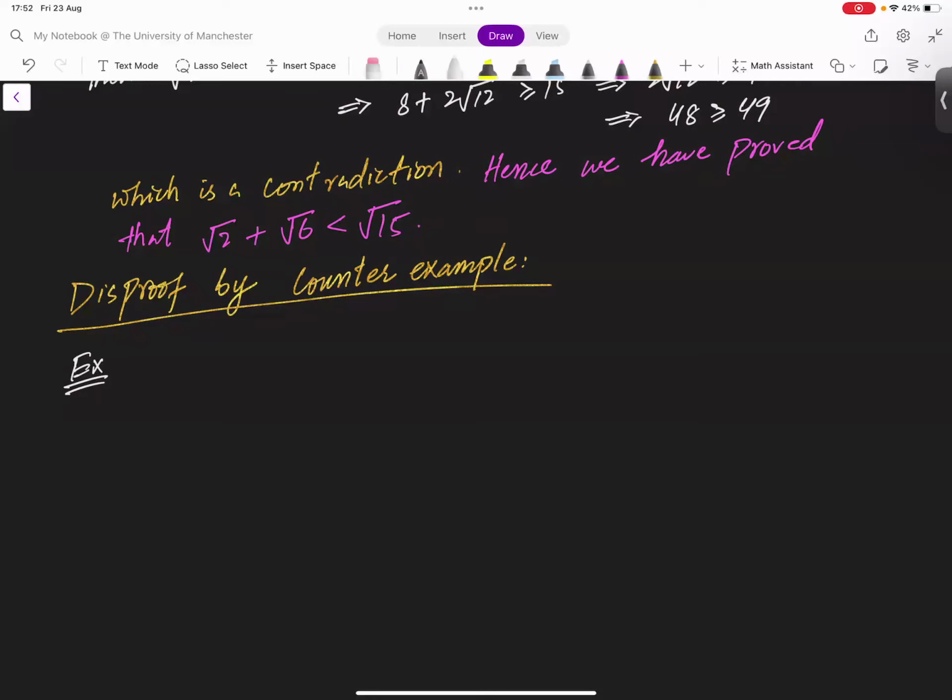We have two statements. A, all men are Chinese. No offense to Chinese, but just.